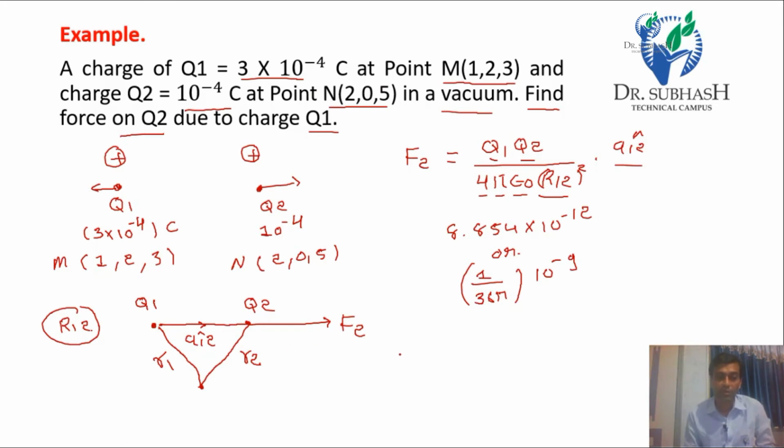From this figure we can say that r12 is equal to r2 minus r1. Here r2 is 2ax minus 0ay plus 5az, minus r1, which is 1ax plus 2ay plus 3az.